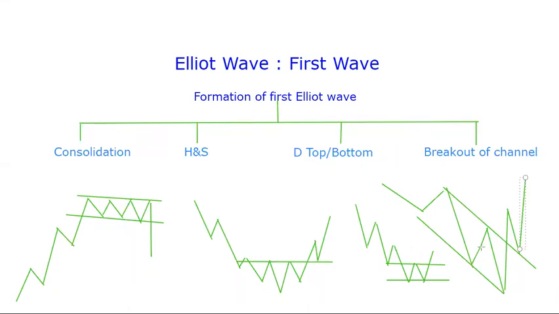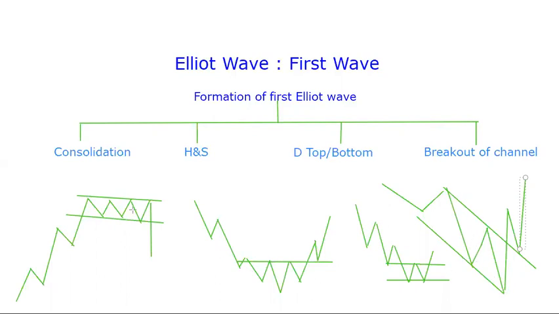That is very important when you are counting waves on a smaller time frame and on a higher time frame. You have to see the channel and count very carefully, right? You cannot count the first wave when the market is in a declining channel.